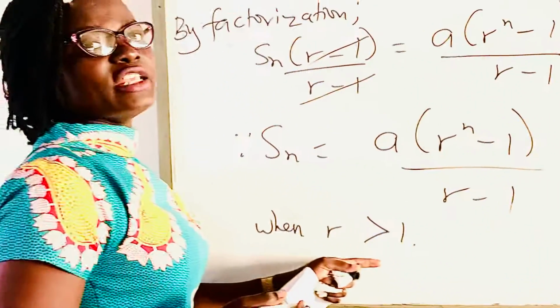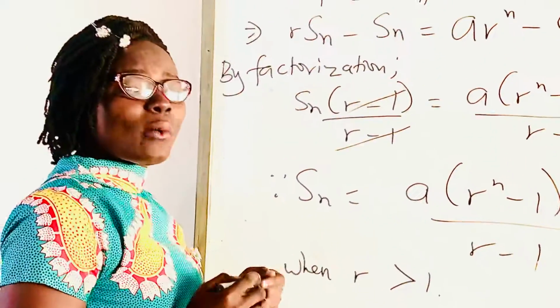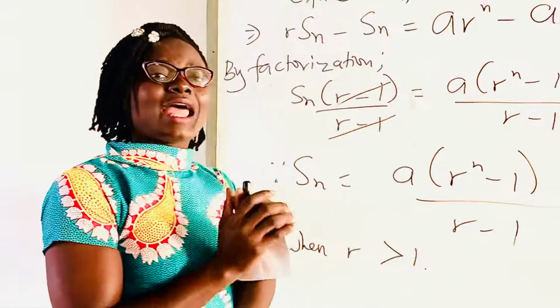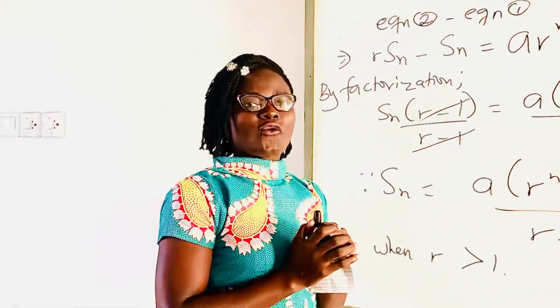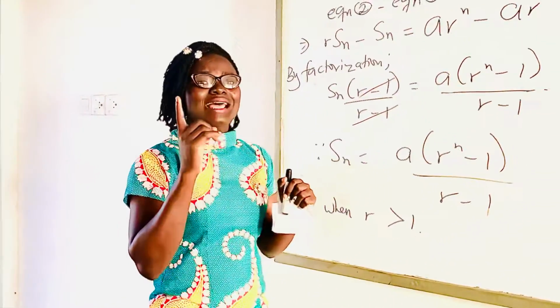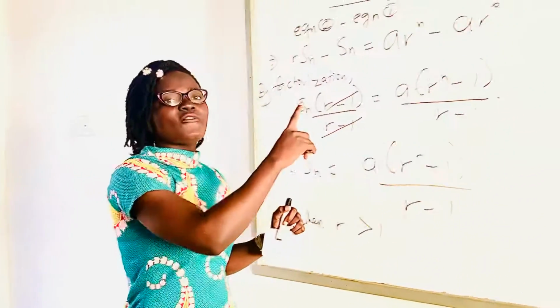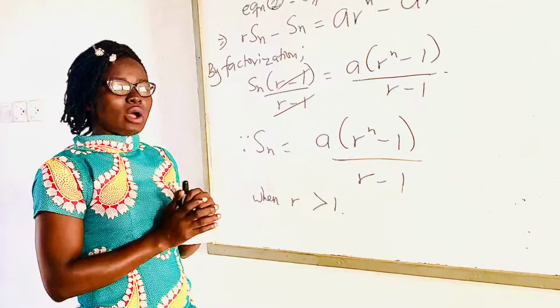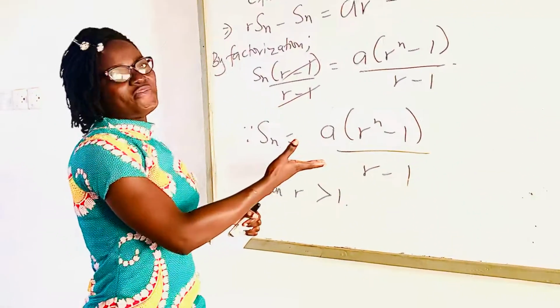You use this equation when your common ratio is greater than 1, when r is greater than 1. So always check, when you are given the question, the absolute value of your common ratio. When r is less than 1, you know the formula to use, and when r is greater than 1 too, you know the formula to use.